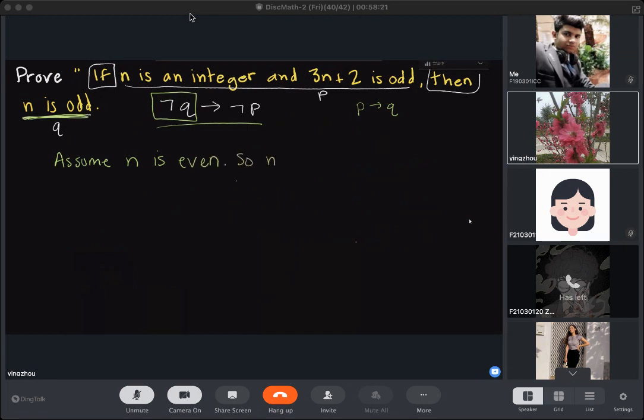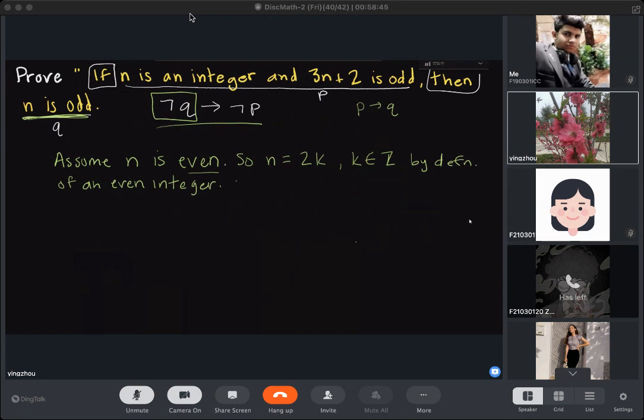So N can be represented as 2k because it's even, where k is some integer, by definition of an even integer. From here, I'm going to take a look at the math.